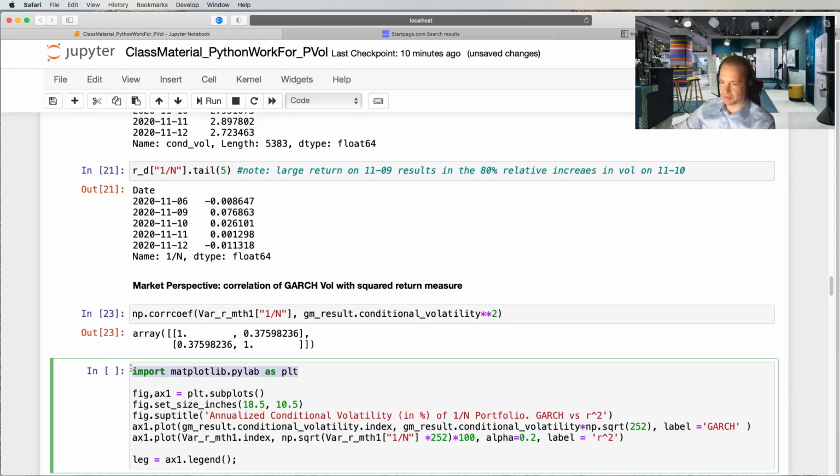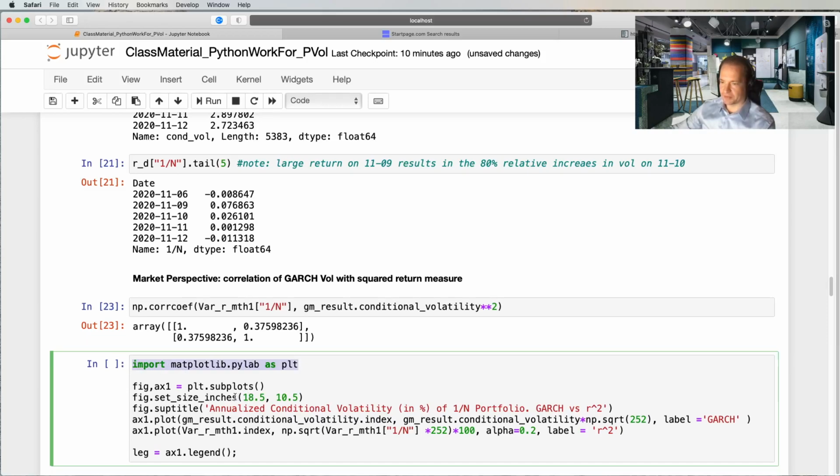We use matplotlib. We have a nice graph, and I want to plot the annualized conditional volatility in percent of the equal weight portfolio. I want to use a GARCH versus the R square. So what I do is I just plot the index. That will be the time series.